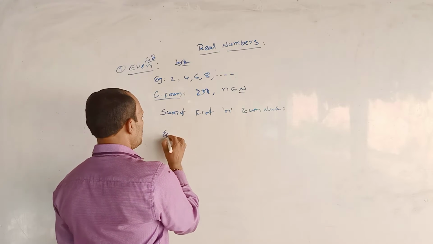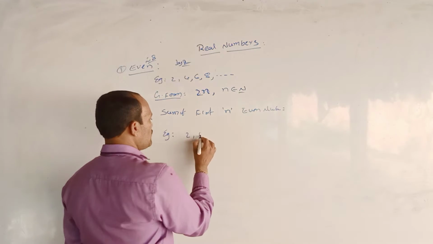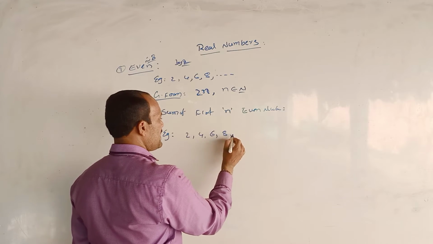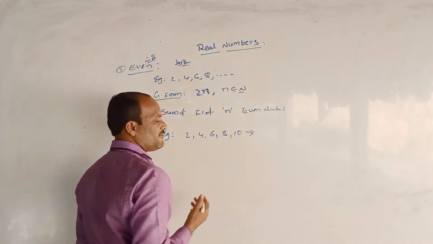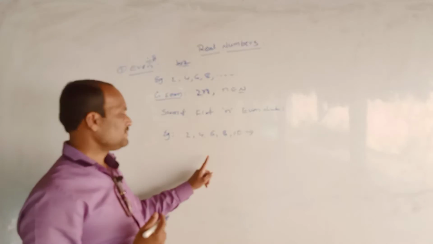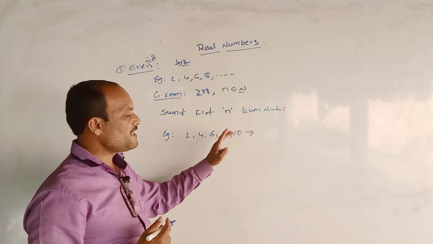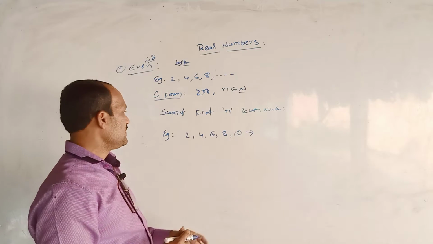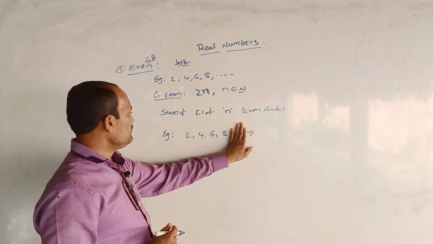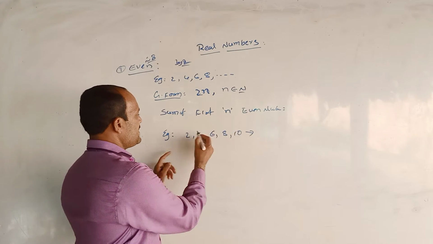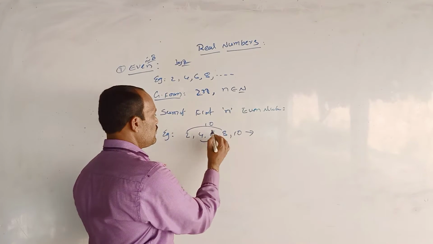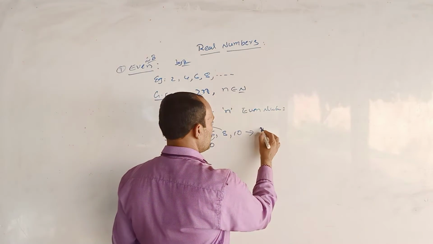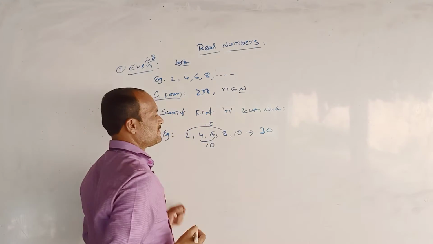For example, the first five: 2, 4, 6, 8, 10. How many even numbers are taken? 5. What is the sum of the first 5 even numbers? 2 plus 8 is 10, 4 plus 6 is 10, and 10. How much? 30.